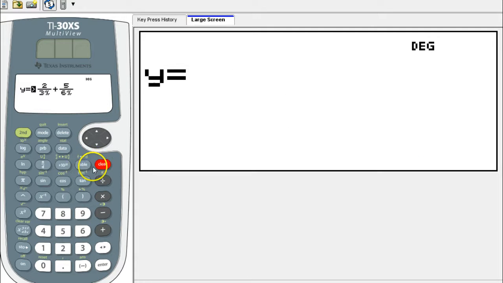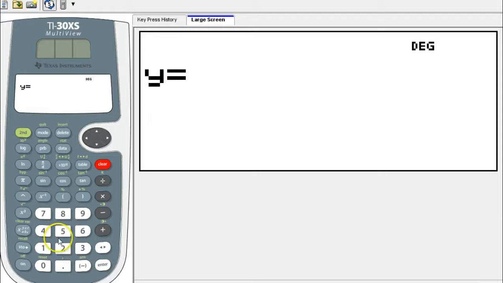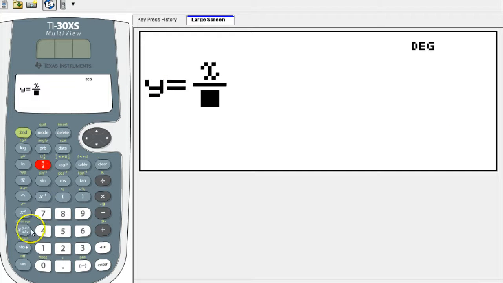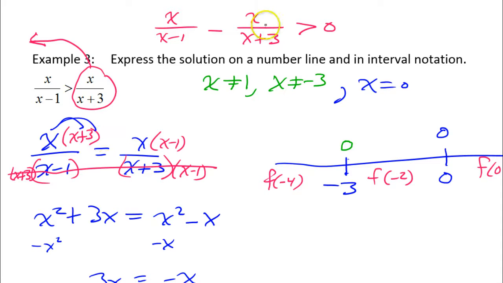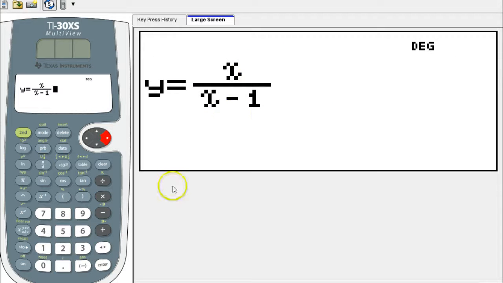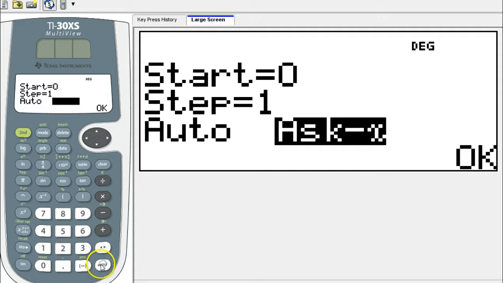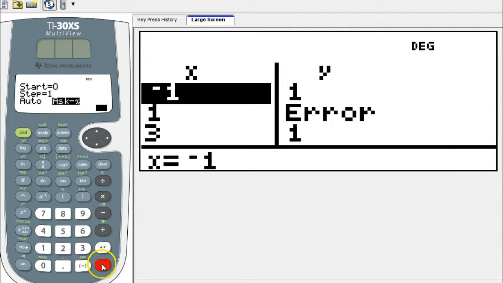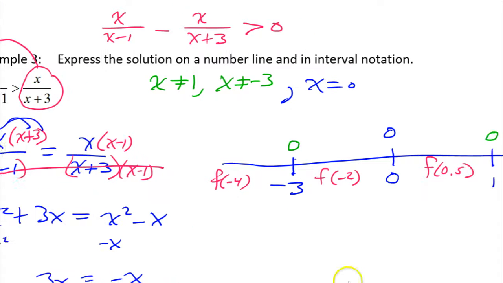So table mode. Okay, so I've got x over x minus 1, and then I've got minus x over x plus 3. All right, make sure you're in Ask X mode. And the values I need are -4 and -2.